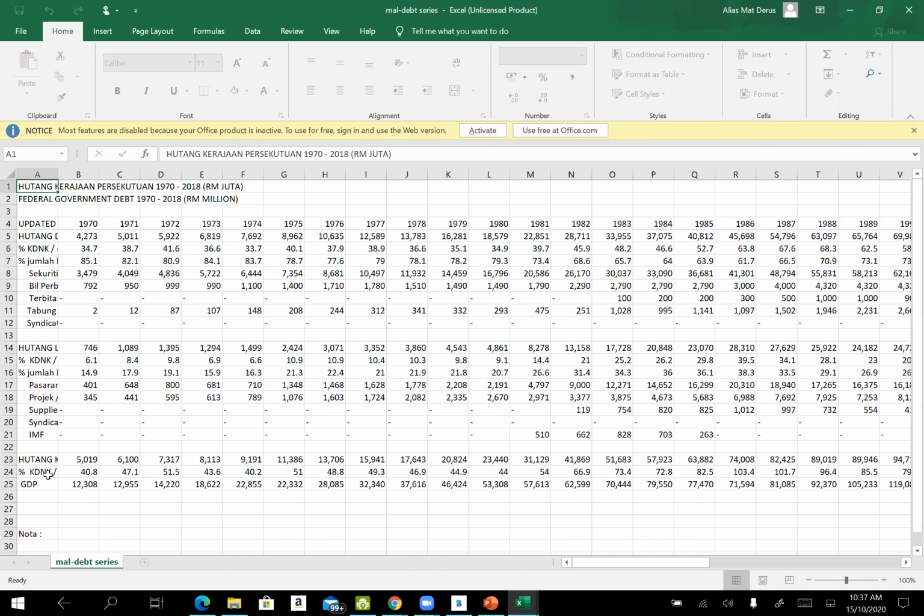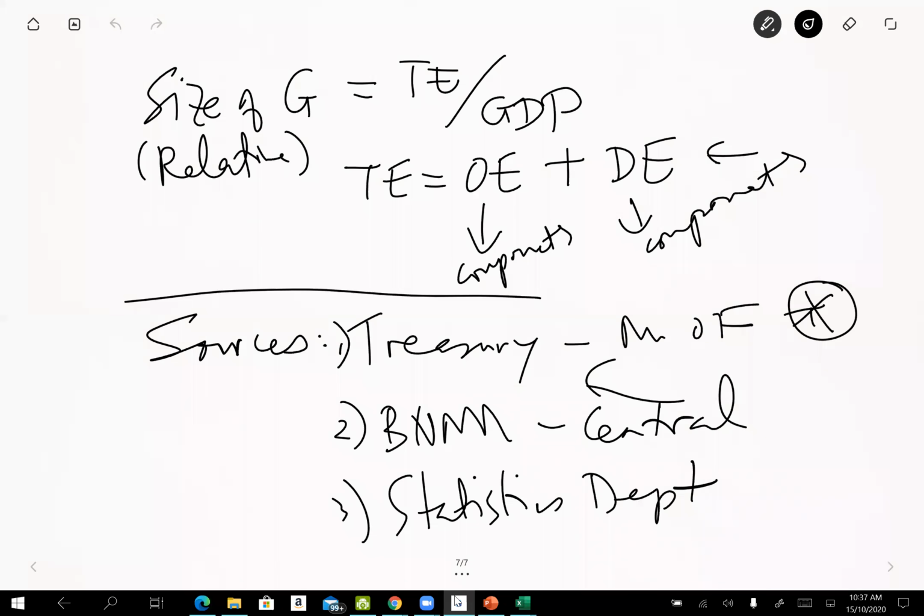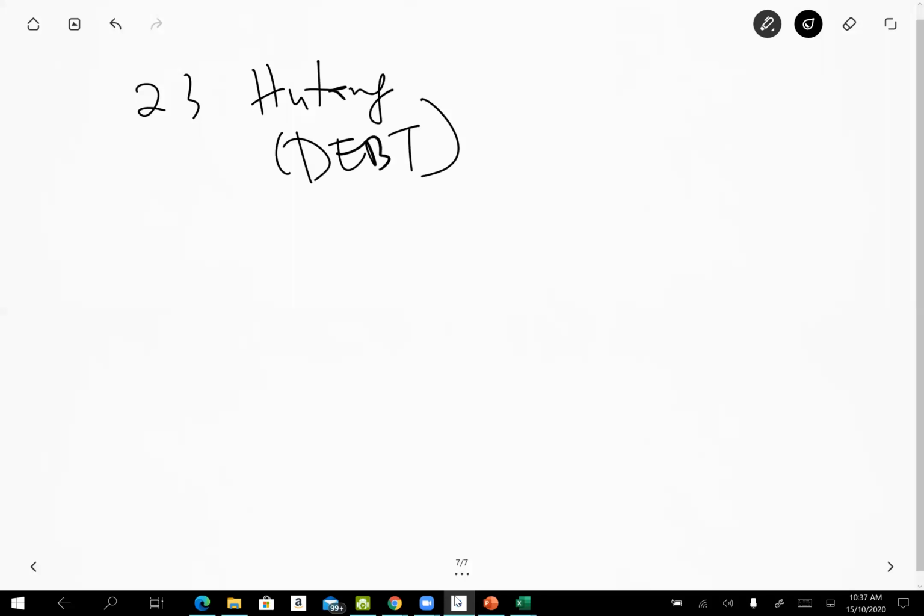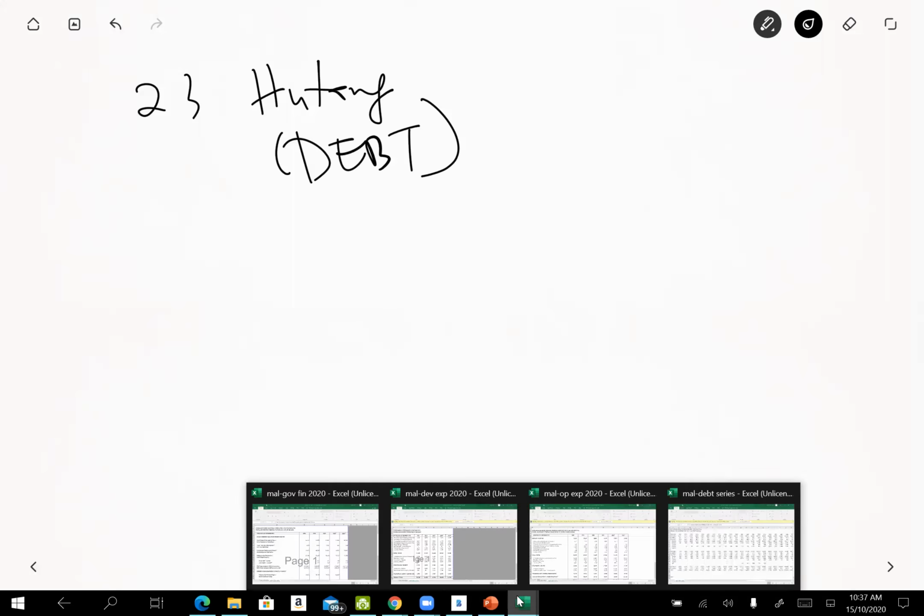Hutang maknanya debt. Okay, the debt is hutang. So that row 23 is hutang. So that gives you the magnitude of our national debt.